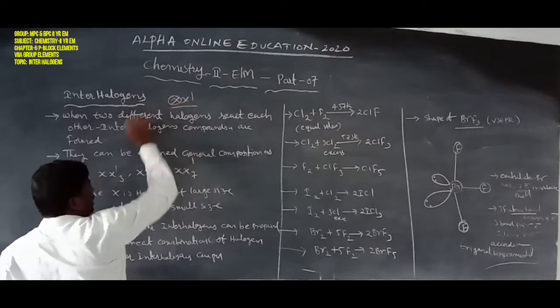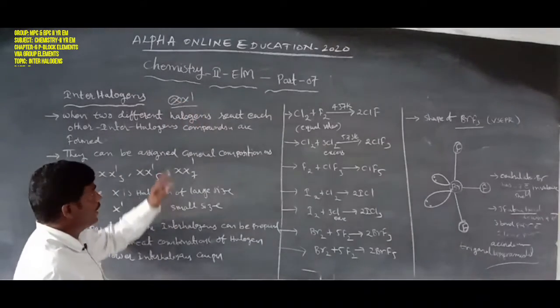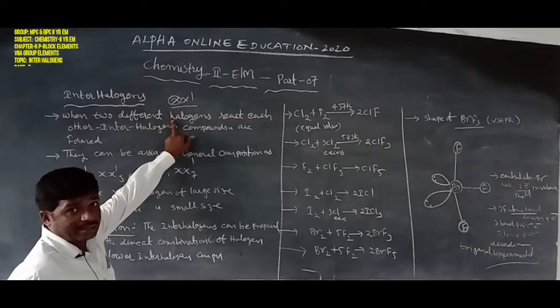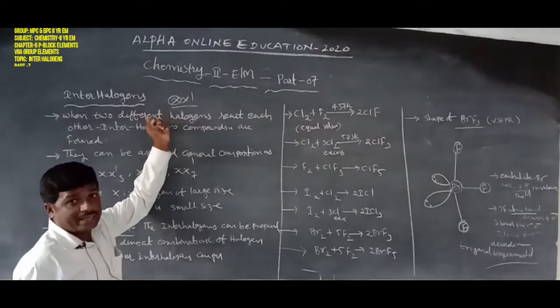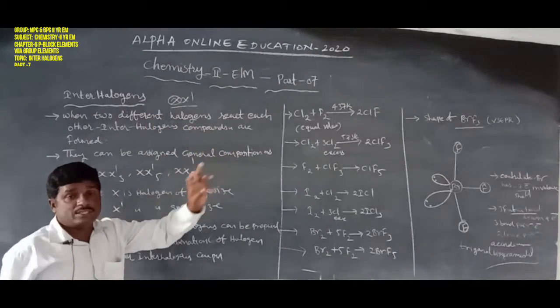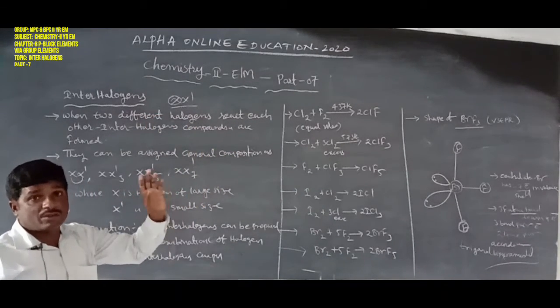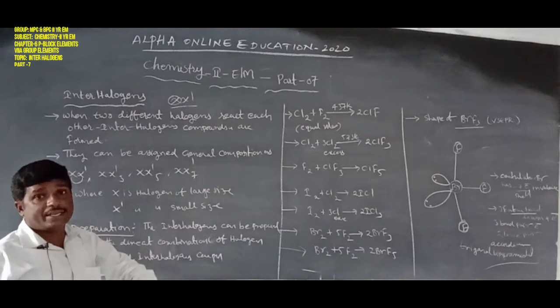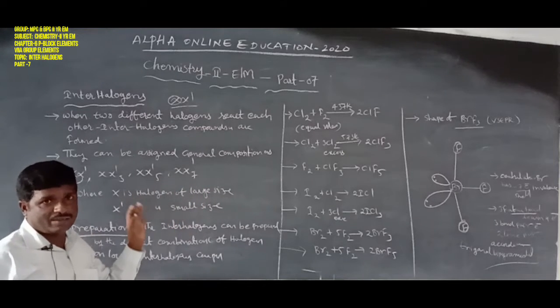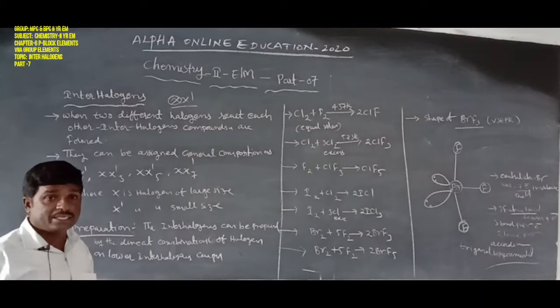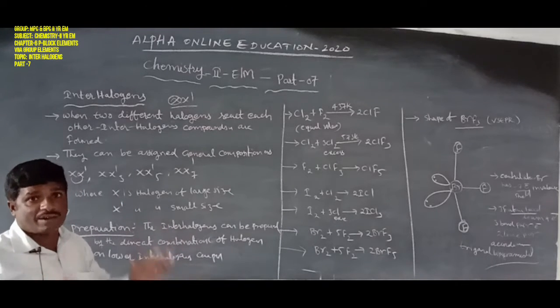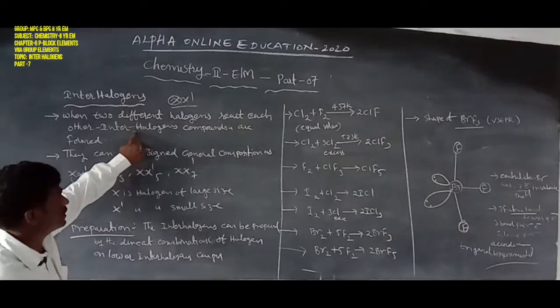Here X is a halogen reacting with another halogen atom to form an interhalogen compound.